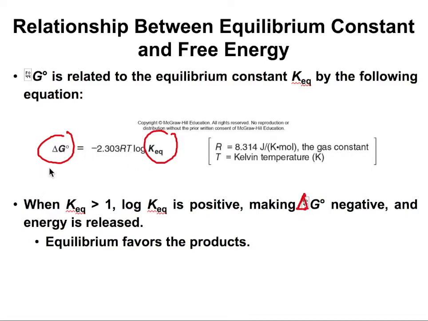So look at this relationship. We want this number to be positive and large, so this could be negative, because look at the negative sign right there. So when the delta G is negative and the K equilibrium is larger than 1, then the reaction can proceed.